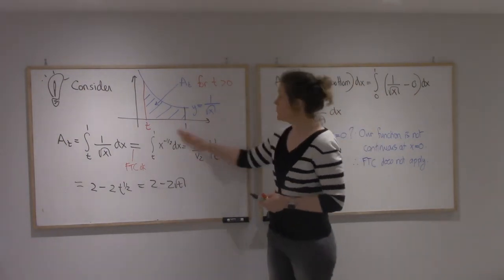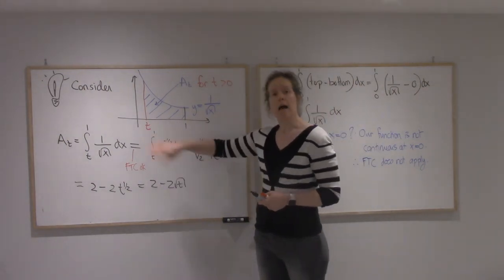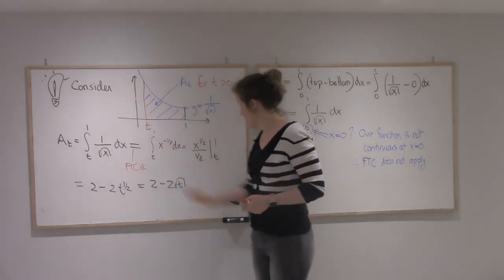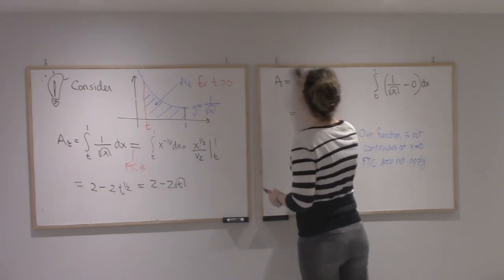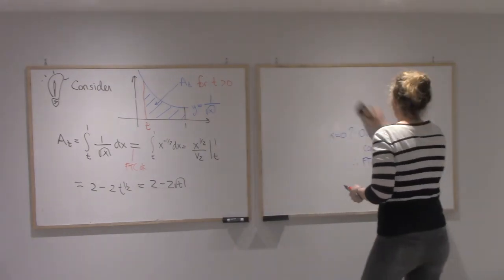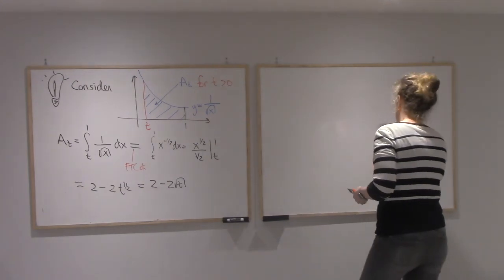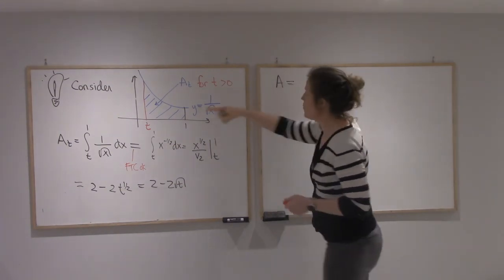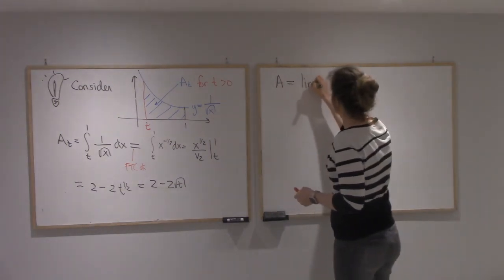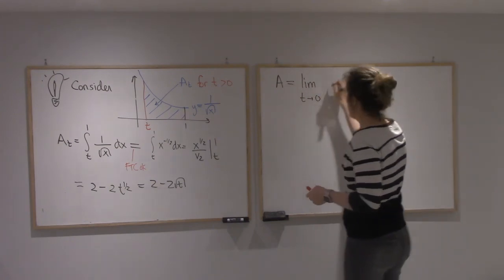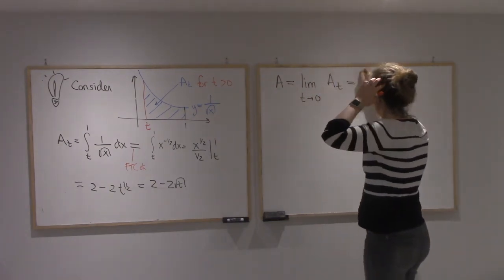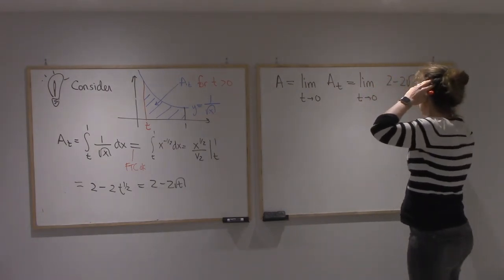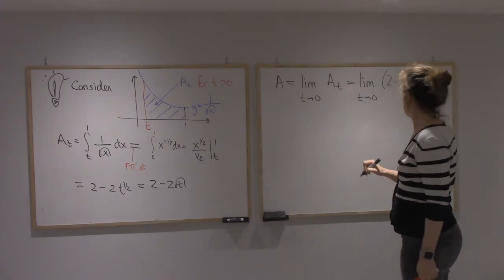So this formula is valid for any positive t, not 0, but I'm going to use a limit to send that red line to the black axis. So if I want the whole area, I'm going to take the limit as t goes to 0 of A of t, which is the limit as t goes to 0 of 2 minus 2 root of t.